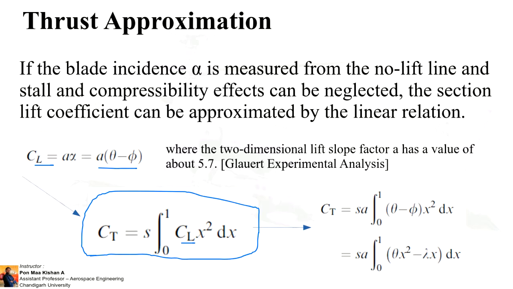That's why I have given this plot from experiment. The A value is a constant term, which is 5.7, since it is the slope of the curve, so the constant is taken outside the integral. Theta minus phi is taken inside.